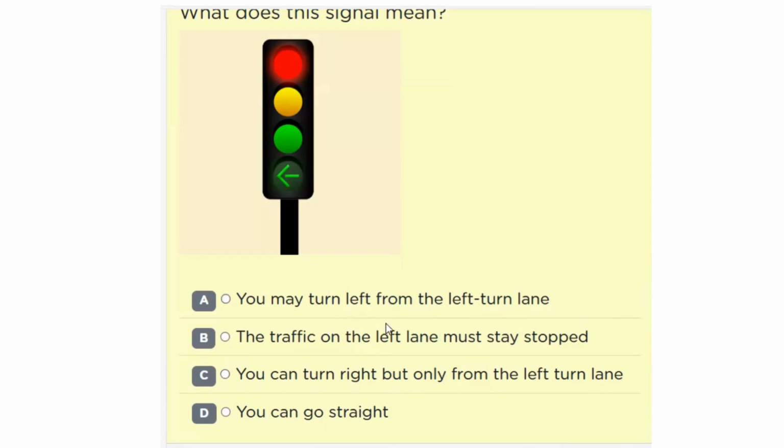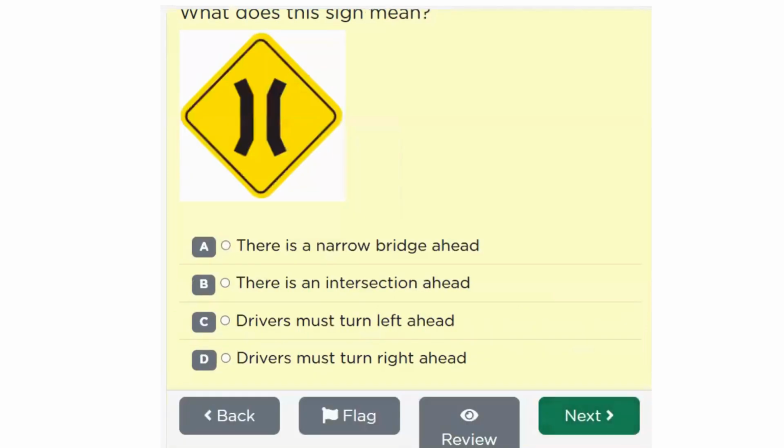This is something to do with the left thing because this one is going left, but this is green. But it could be this because this one is on and this is the arrow. I think so. I don't know.